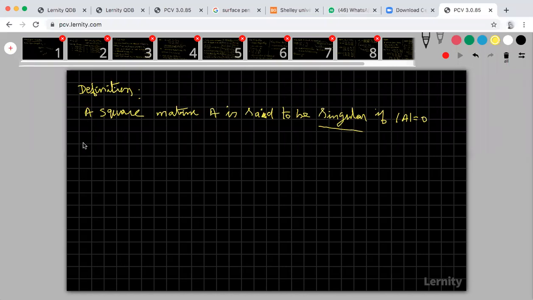A square matrix A is said to be non-singular if determinant of A not equal to 0.